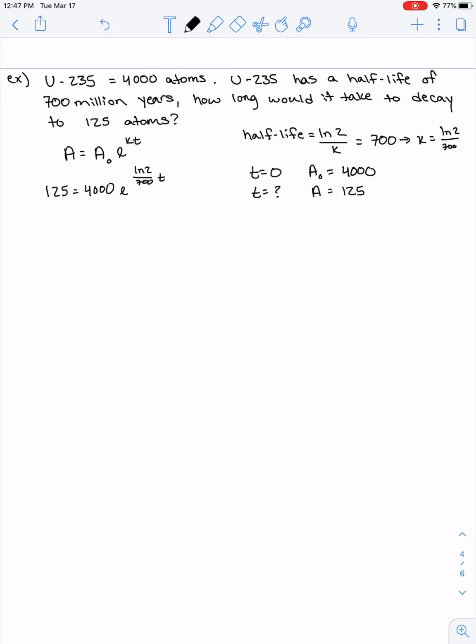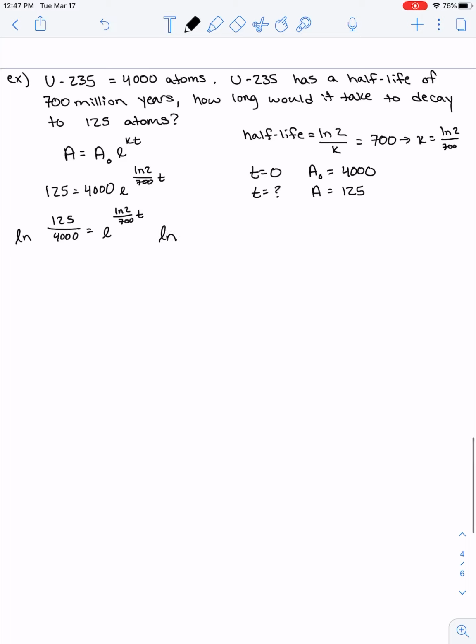So we will get, actually, it would be probably easier to solve this for e, but that's okay. Let's go ahead and bring this over, and we get 125 divided by 4,000 equals e to the natural log of 2 over 700 times t. We'll take the natural log of both sides.